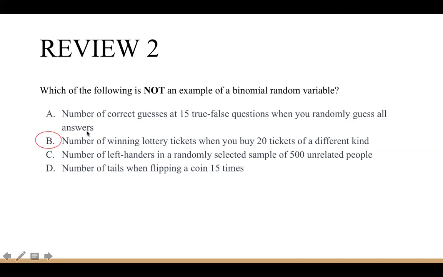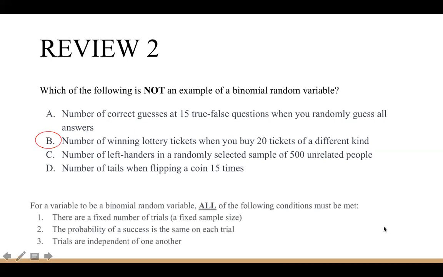Okay, so our answer here is B. So to go through the checklist of all the conditions that have to be met. A and D are very similar. They each have a 50-50 chance of getting heads or tails or true or false. They have independent trials, and they each have a fixed sample size. So A and D are out.